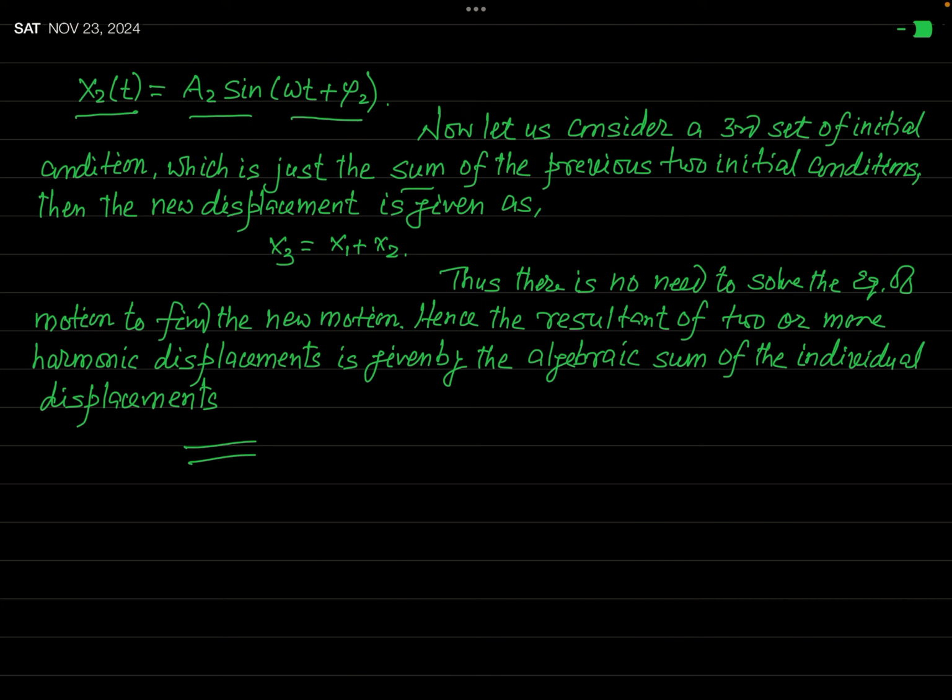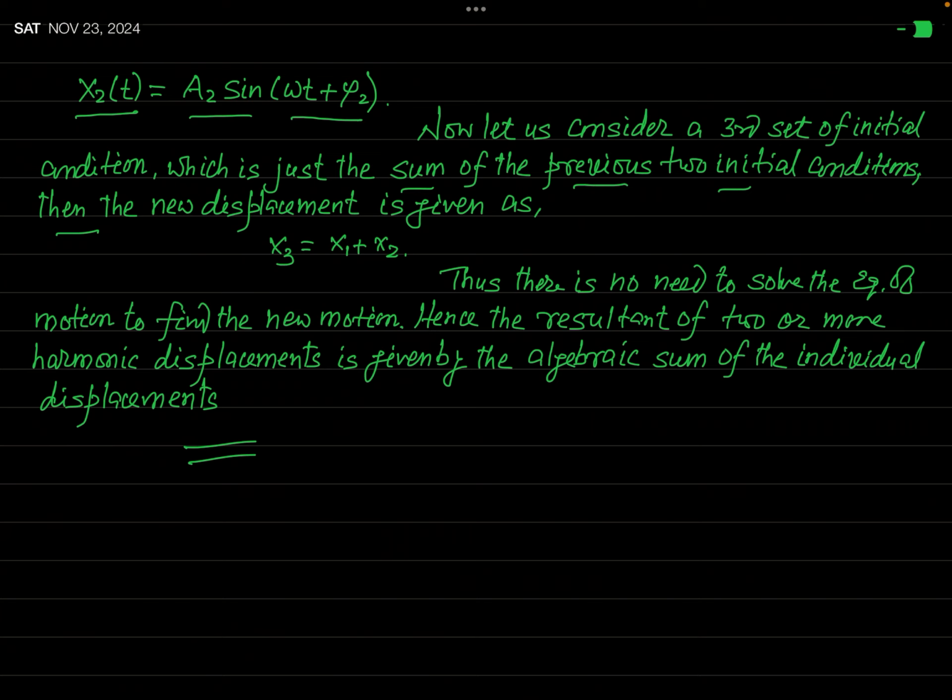And the initial velocity will be the sum of the velocities corresponding to x1 and x2. So in a nutshell, the third set of initial conditions is just the sum of the previous two initial conditions.